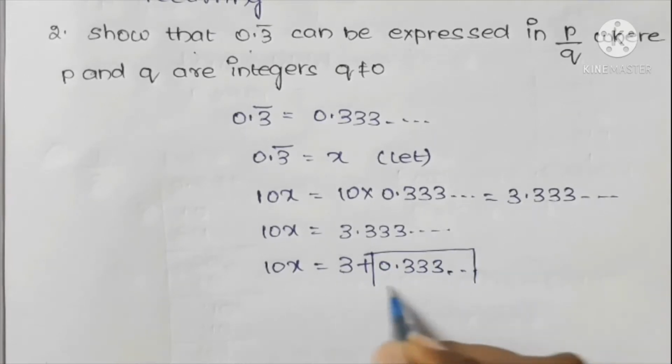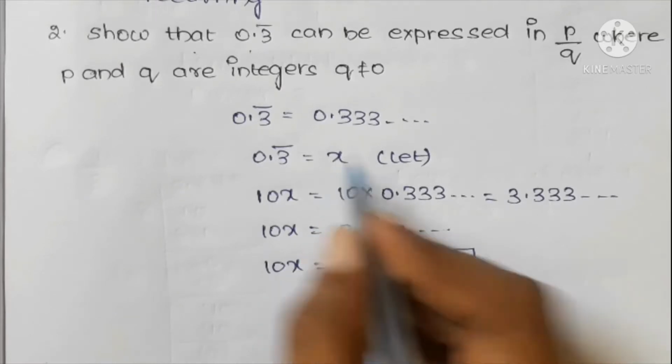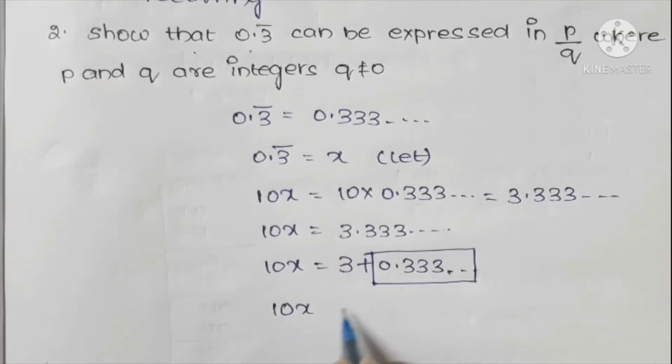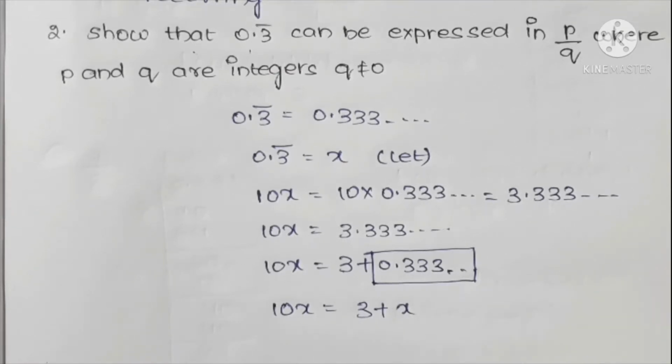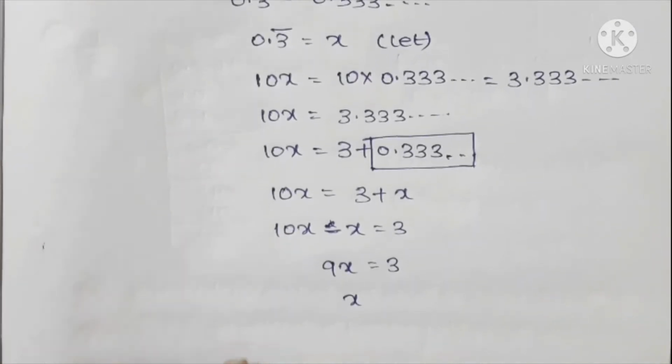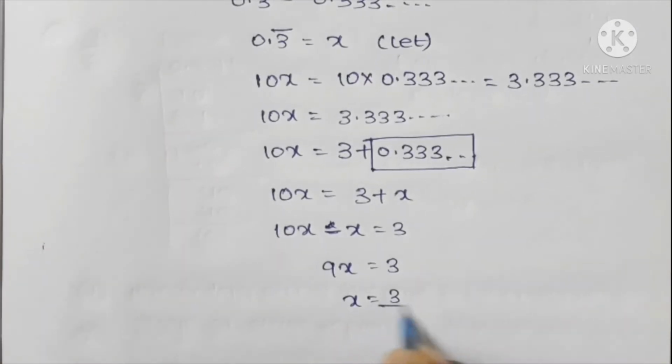And here this 0.333 is nothing but, as shown above, x, and here this x is to be written, that is 10x equals 3 plus x. Now this x is taken to the LHS, that is 10x minus x equals 3, where 10x minus x is 9x, that is 9x equals 3, and x equals 3 by 9.